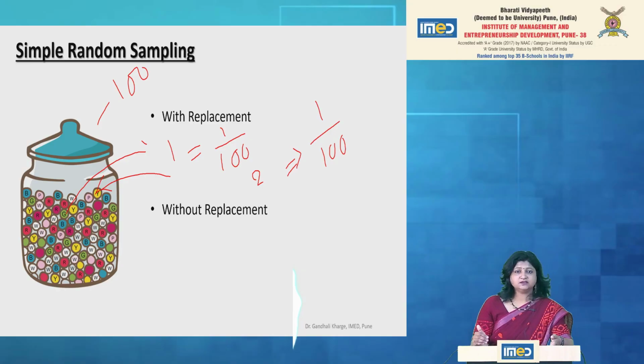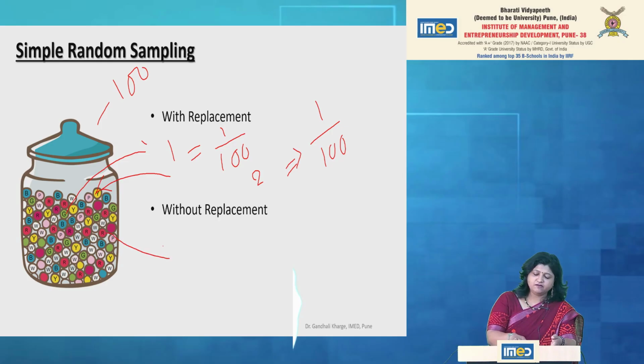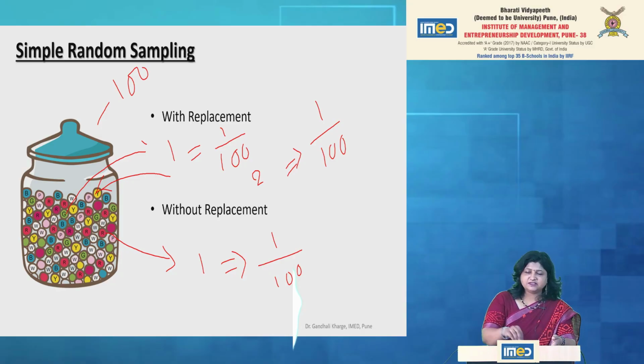Now in case of without replacement, what happens? We select one ball. For the first ball the probability will be 1/100, and we are not replacing it, meaning we are not placing the same ball again in the jar. We place it aside, and then we choose the second one.